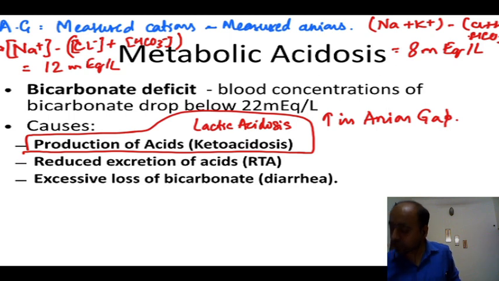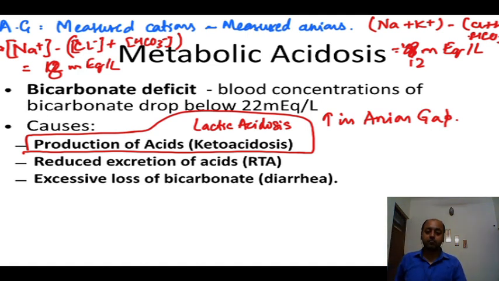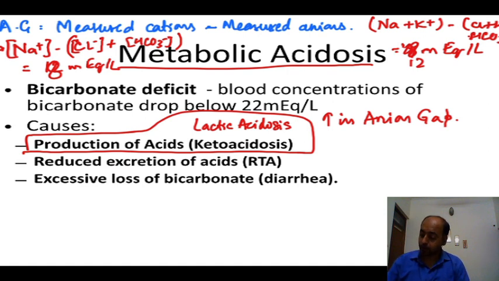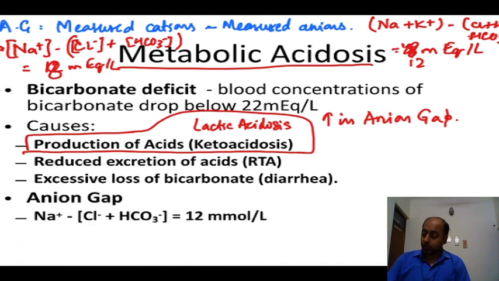When you include sodium plus potassium, the difference is 12, and if you use only sodium, the value is 8 milliequivalent. I'm sorry for this confusion. The anion gap comes into picture when we are talking about metabolic acidosis. Okay, no, the previous values were correct. I'm sorry, the previous values were correct.